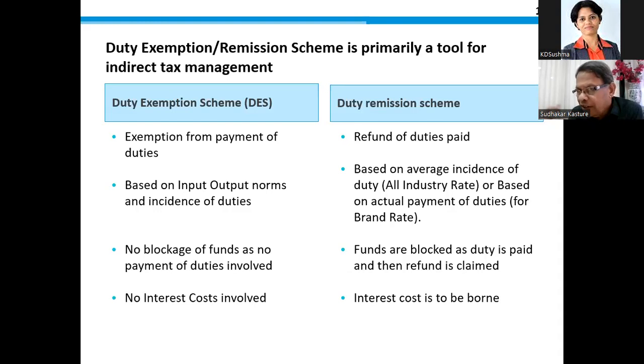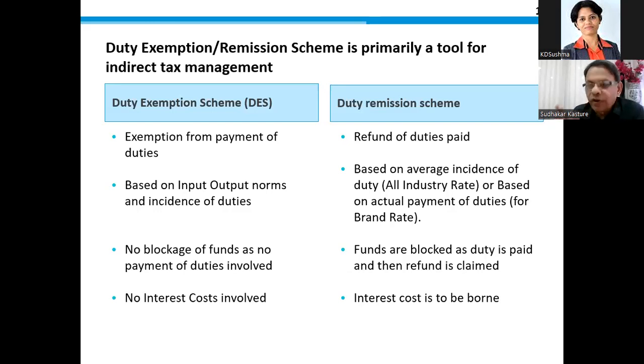What happens in duty remission scheme? You first pay the duty and take it back from the government. This is done in two ways. One is known as all industry rate of drawback, and second is known as brand rate. This scheme itself is known as duty drawback.